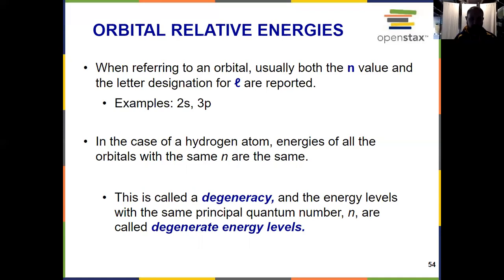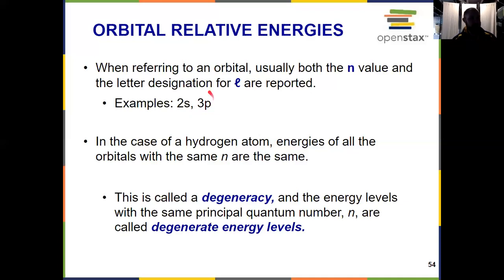So if I'm quickly referring to an orbital, I just say the N and the L value using the letter designation for the L. I can quickly refer to an orbital by saying something like 2s or 3p. If I say that, you can pick up N is equal to 2, L is equal to 0. We get that from the letter S. Over here, N is equal to 3, L is equal to 1 in 3p.